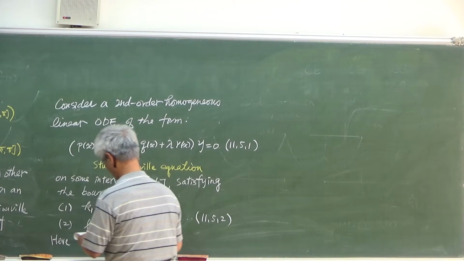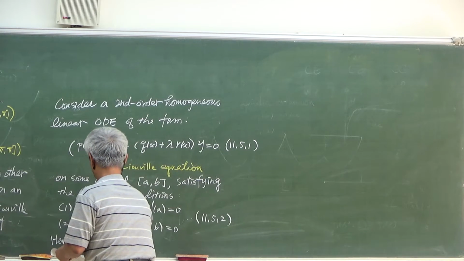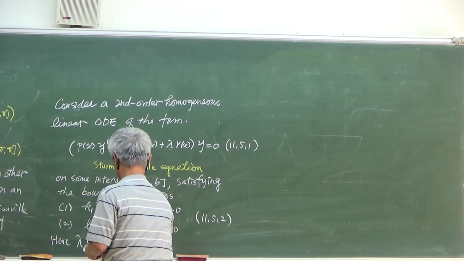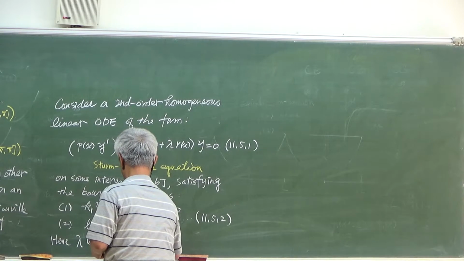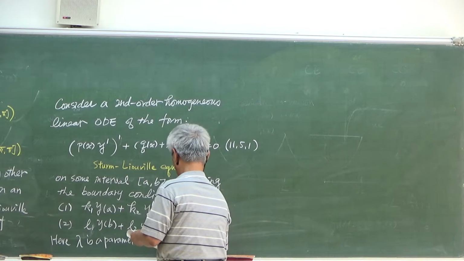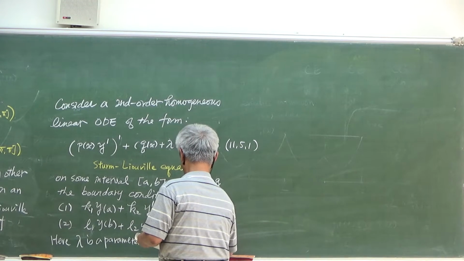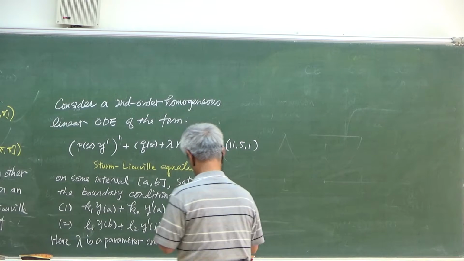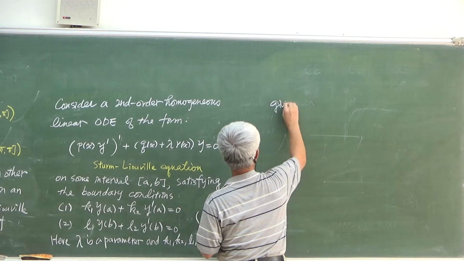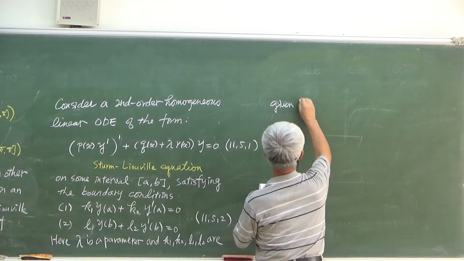Lambda here is a parameter. Okay. And k1, k2, l1, l2 are given constants.